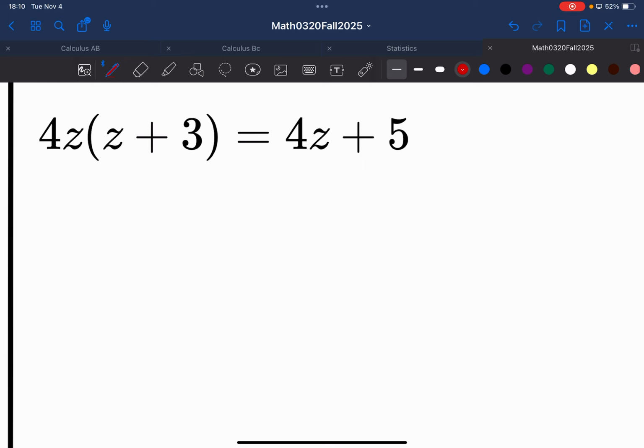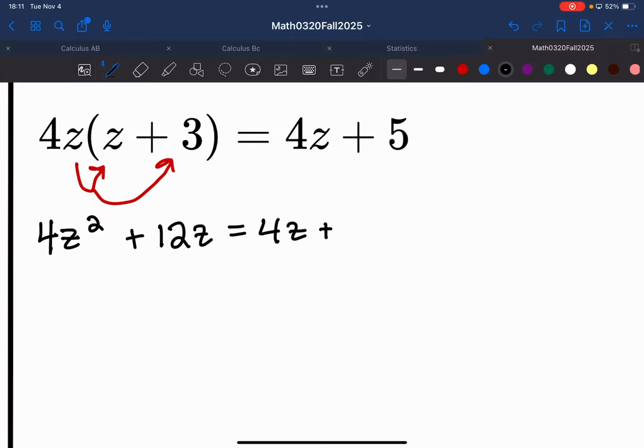So the first step was to distribute the 4z. So we have 4z squared, because 4z times z, plus, what's 4z times 3? 12z. And then bring everything else down. Okay.